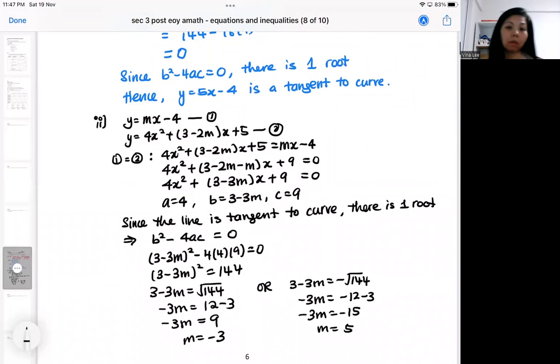So you should be able to get the previous m equal to 5. This m equal to 5 is already in part 1. So the other value that we're looking for will be -3.